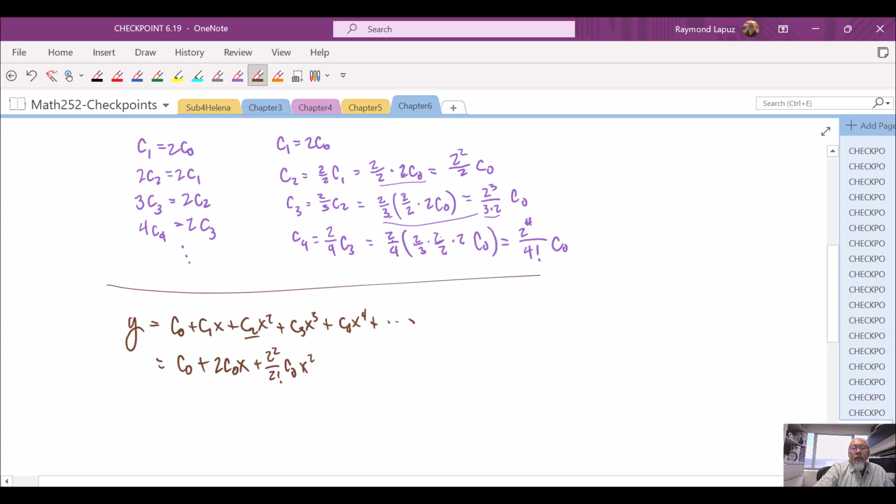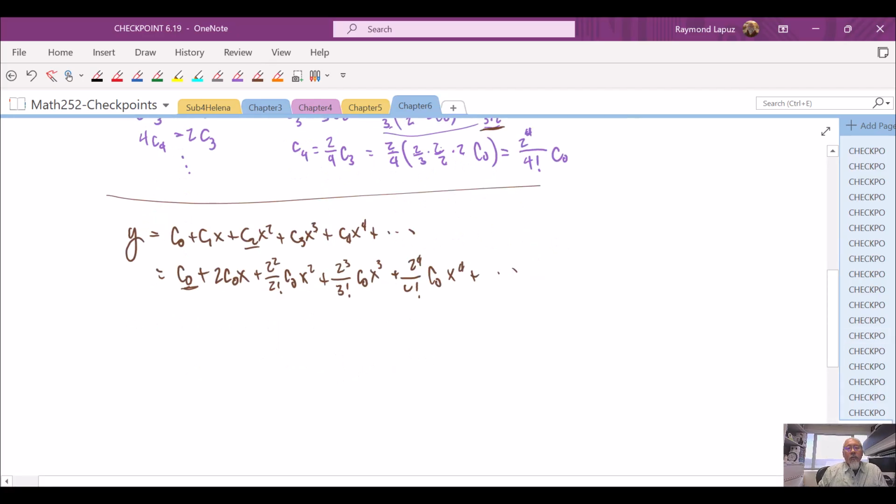C sub 3 is equal to 2 to the third over 3 factorial C sub 0, multiplied by x to the third, and our last term, at least the ones we have listed, is going to be 2 to the 4th over 4 factorial times C sub 0 times x to the 4th.